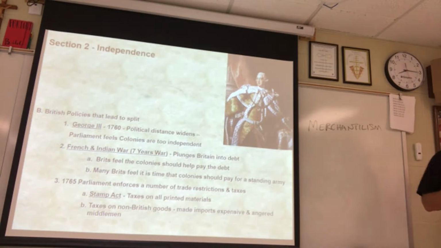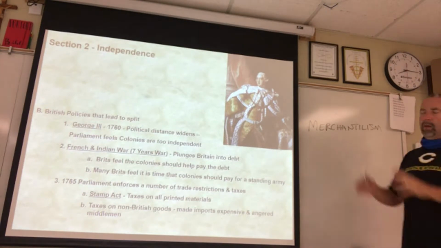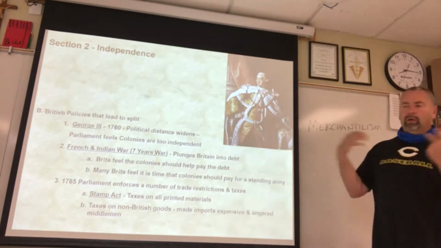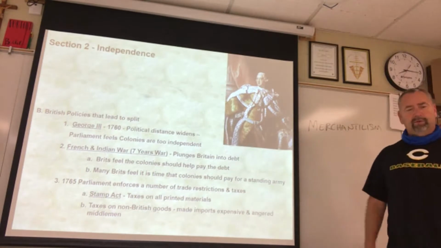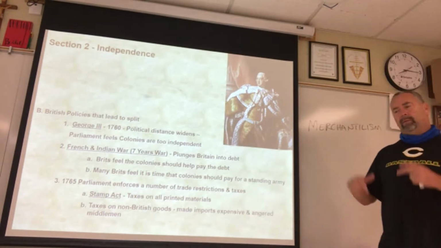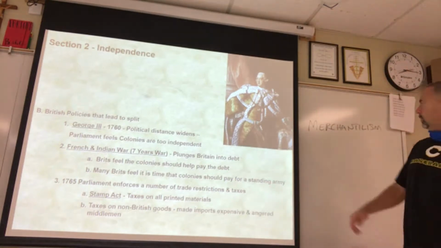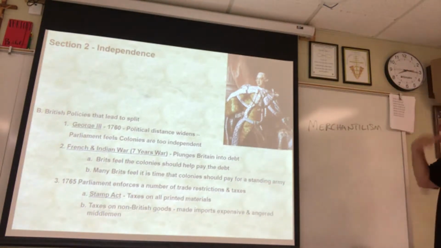Mercantilism. This is where the colonies exist for the mother country. The colonies' job is to provide raw materials to the mother country, and to buy goods from the mother country so the mother country can be more successful. So they start enforcing that.